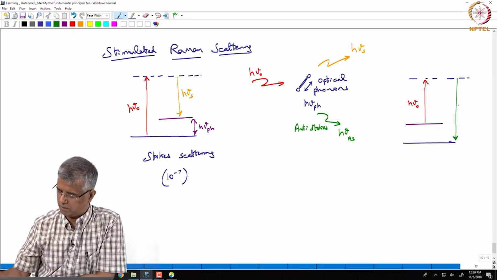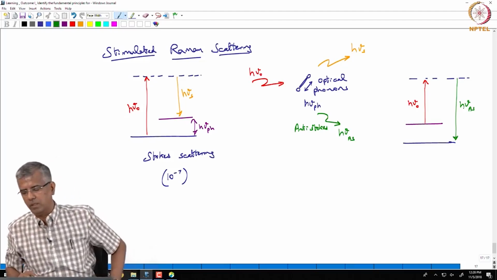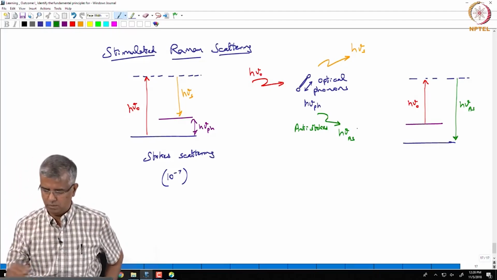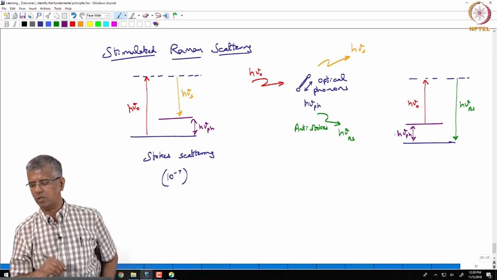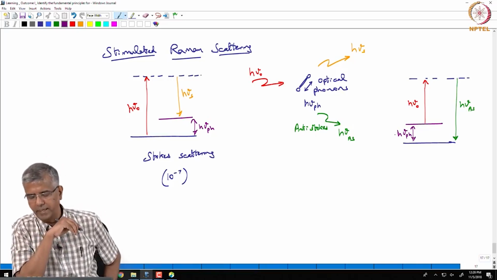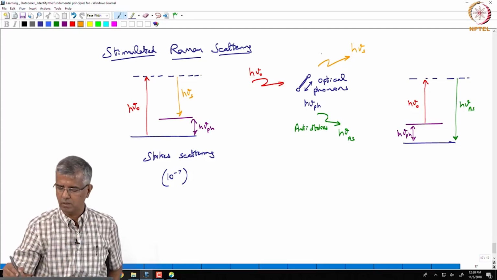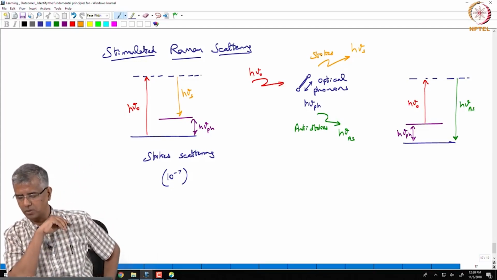So you have a transition like this. You take that energy of the phonon, which is denoted here, and scatter off with a higher energy photon, and that is called the anti-Stokes process. So the top one is the Stokes process and this is the anti-Stokes process.